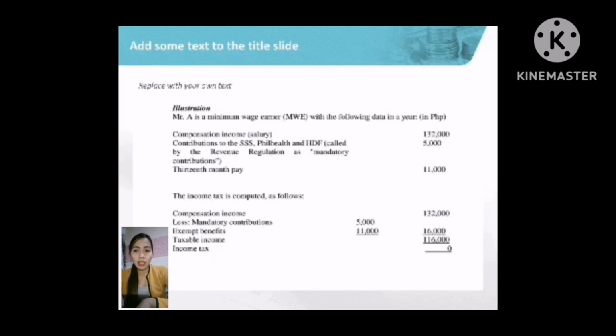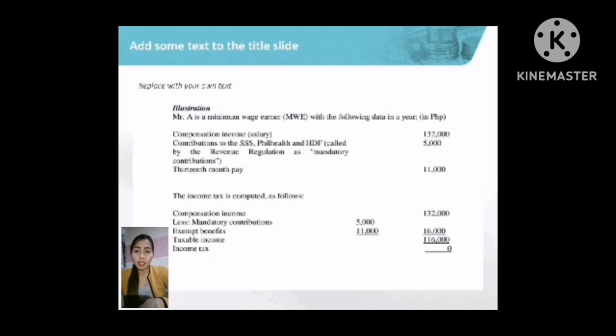Total of 16,000, ililess po natin siya sa 132,000 na kanyang compensation income in a year. So we only have 116,000 taxable income. Pero ang income tax niya po is 0 dahil siya po isang minimum wage earner, hindi pa po niya nare-reach yung dapat na earnings na mayroong tax.